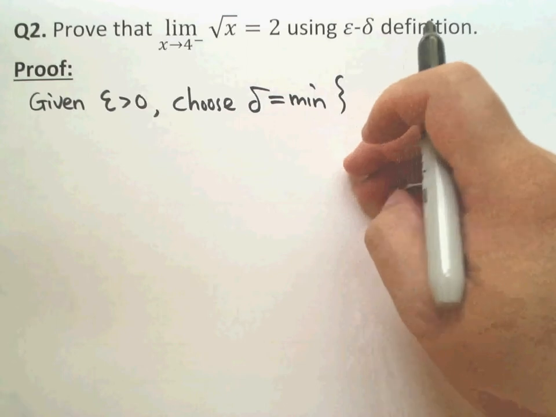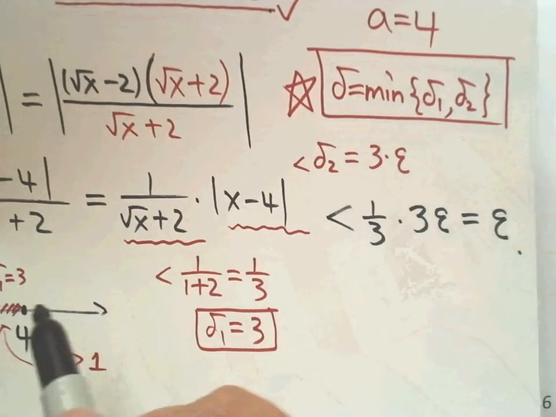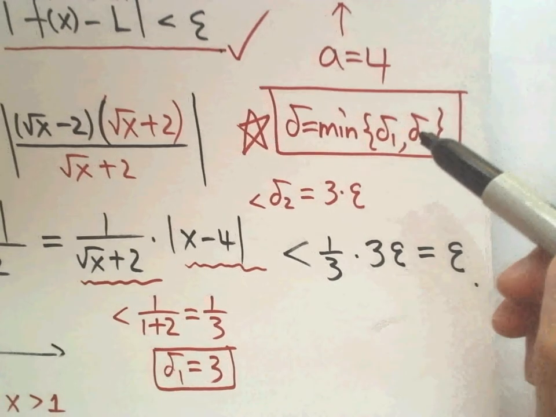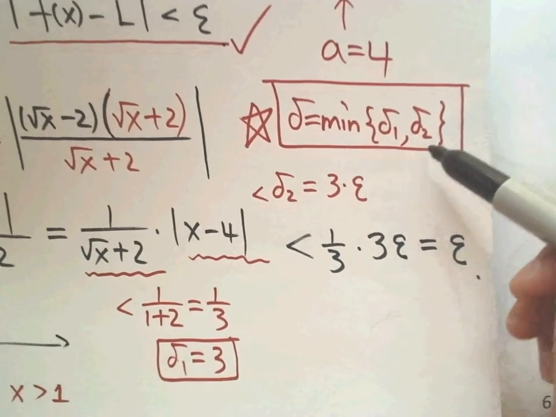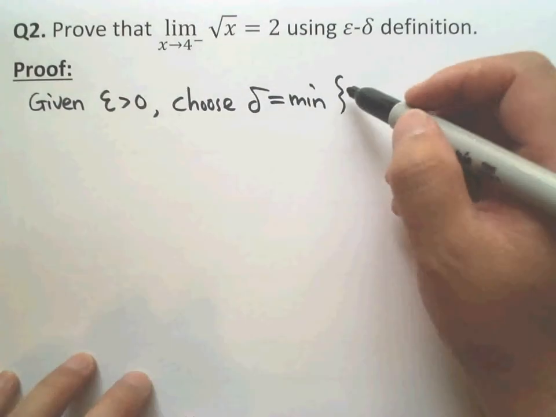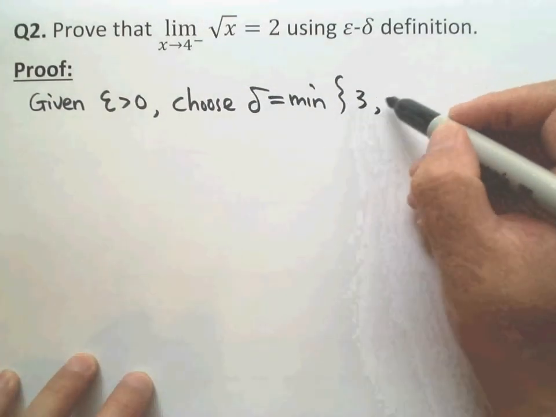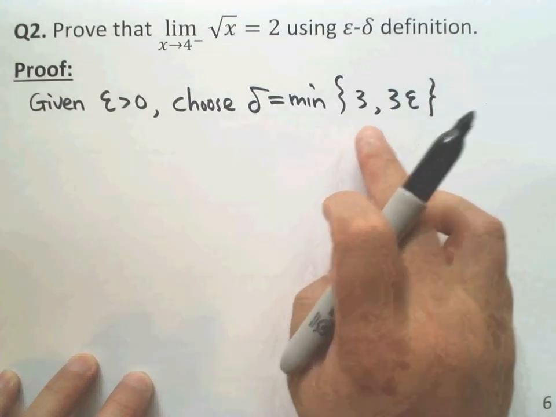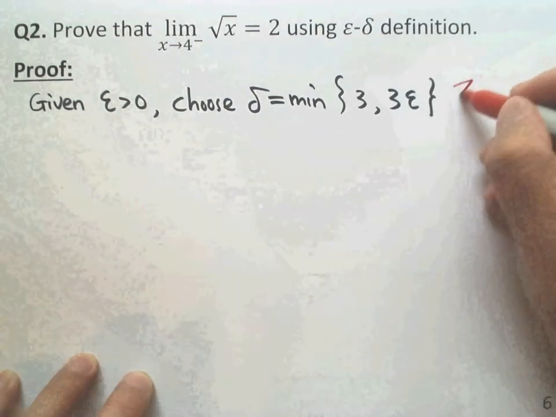Do you remember, the minimum of, let me see, delta 1. What is delta 1? Delta 1 is 3, so the minimum of 3, and delta 2 is 3 times epsilon. So the first is 3, the second is 3 times epsilon.